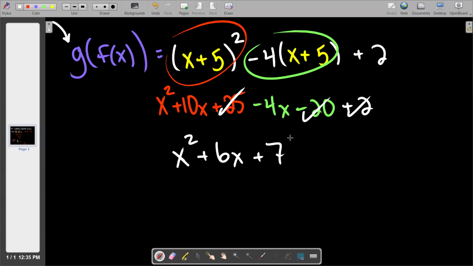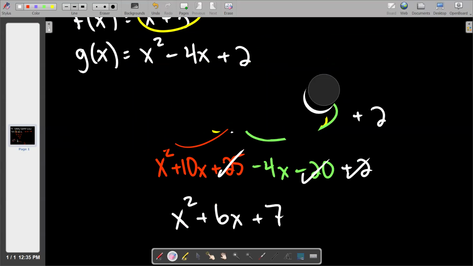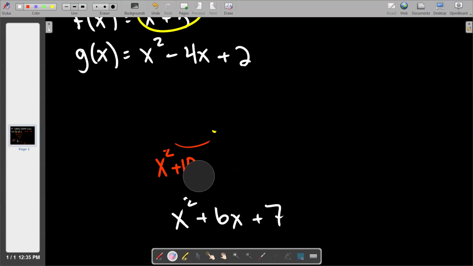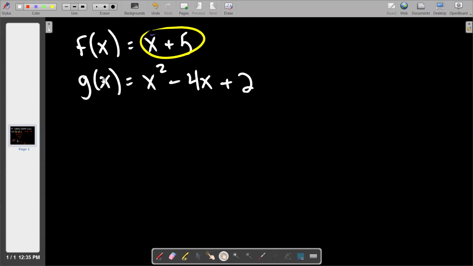And then the final thing I wanted to say about this is we can sometimes have to do self-compositions. I don't want this lesson to take too much longer, so I am quite frankly going to cut it off after this, but I wanted you to see that functions can be composed with themselves. So another example of a composition, and I'll do the simple one first, is you will see this.